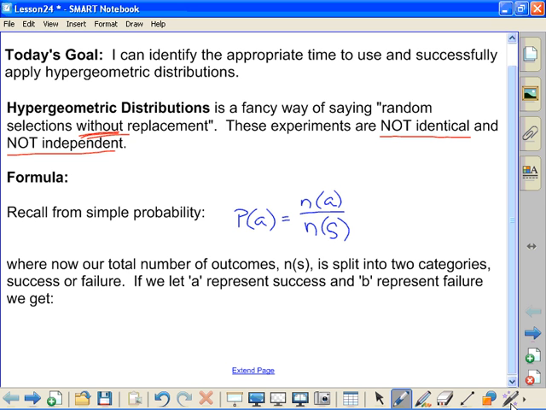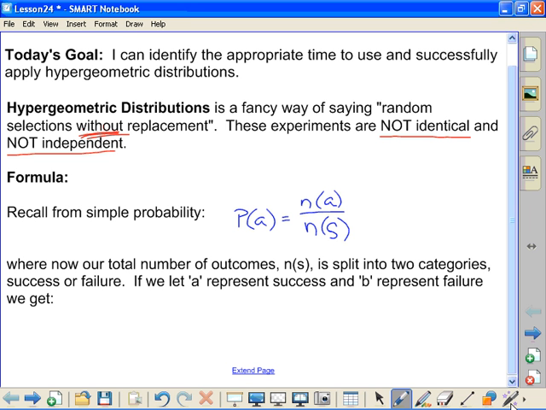It's now split into two categories, success or failure. So we're still looking at the situation where we're either going to have a success or we're going to have a failure with hypergeometric. The difference is, if it's a success or failure, we're still keeping that card out of it to affect the next shot.